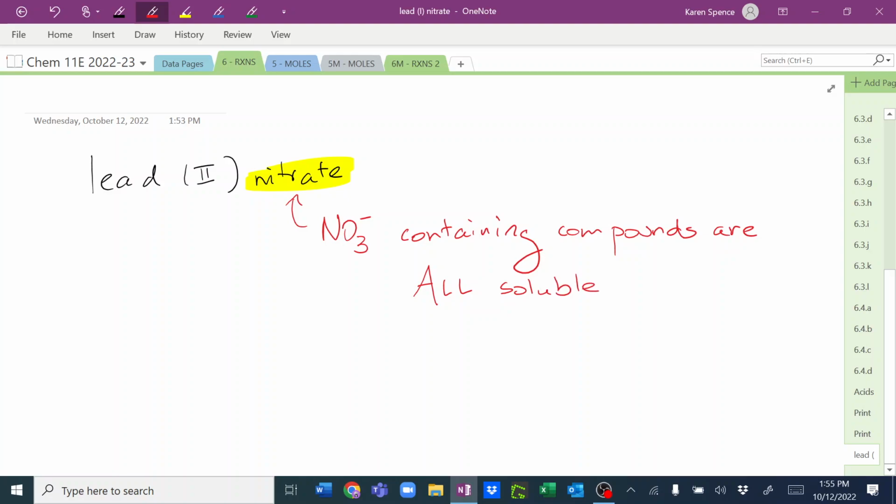Okay, and we are going to put this together with potassium iodide. So you're going to write the formula for that one as well.